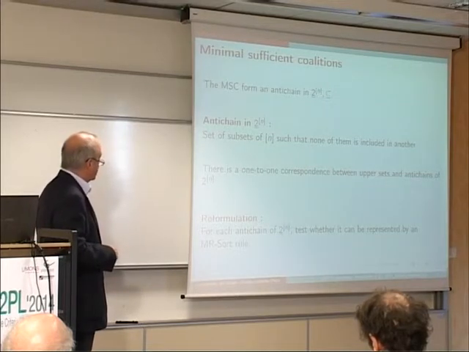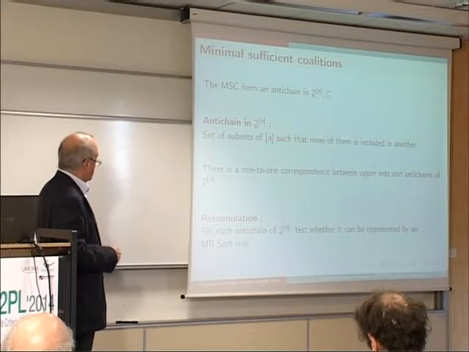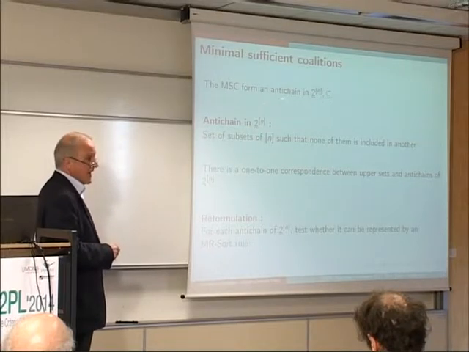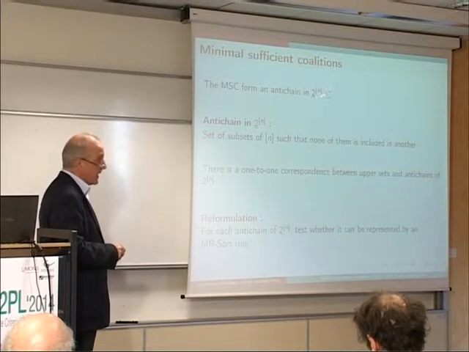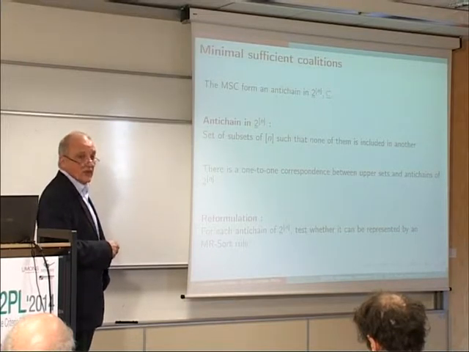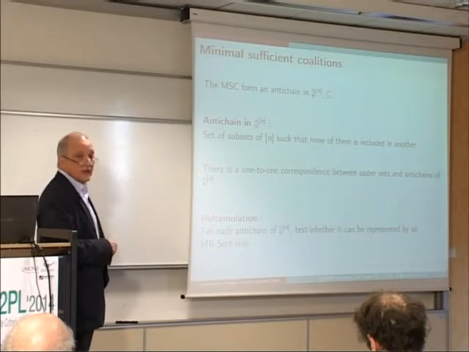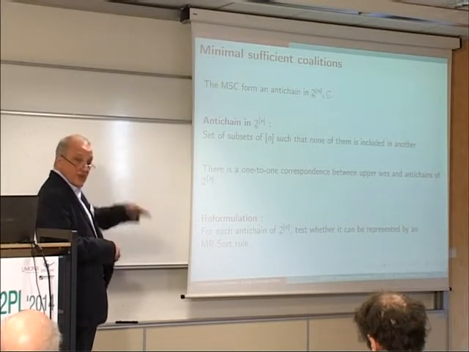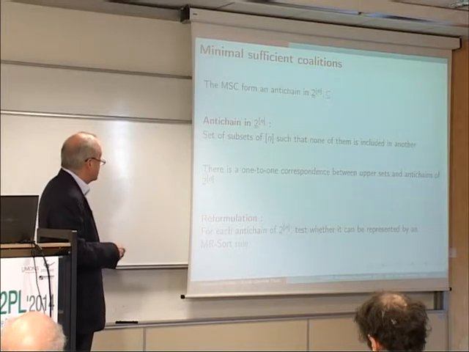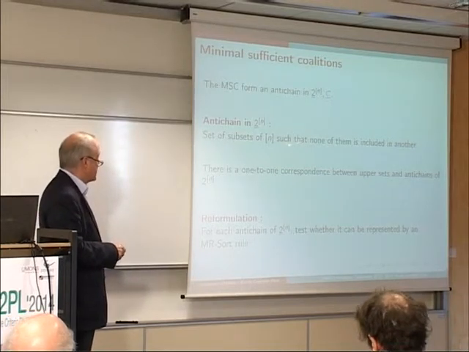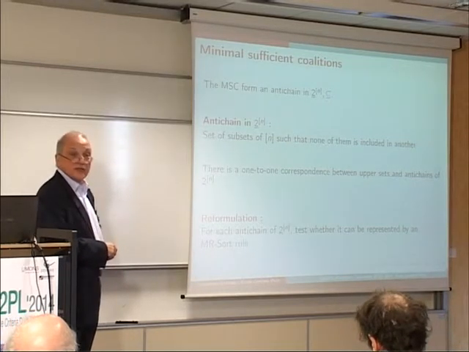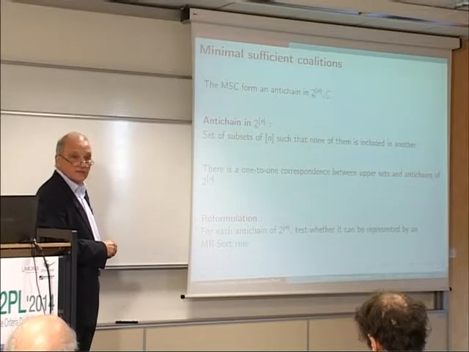The problem is, in fact, that the minimal sufficient coalitions form an anti-chain in the ordered set of the parts of the subsets of the set of criteria, which is ordered by inclusion. So the minimal sufficient coalitions are an anti-chain, that is a set of subsets such that none of them is included in another.